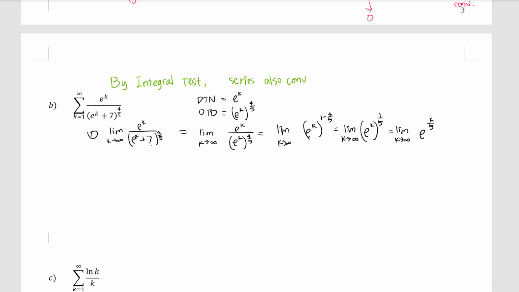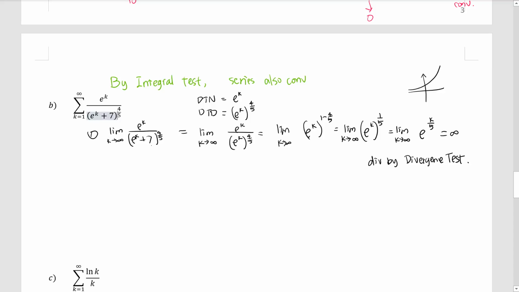E is greater than 1, so we have an increasing exponential function. When k goes to infinity, this goes to infinity. Since this is not 0, we can say it diverges by the divergence test, and we can stop right here for this problem.